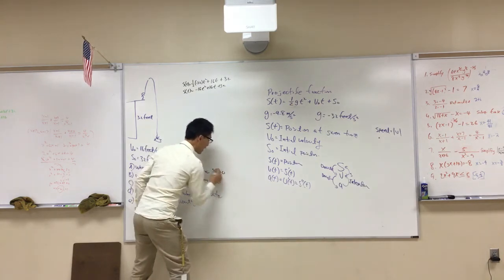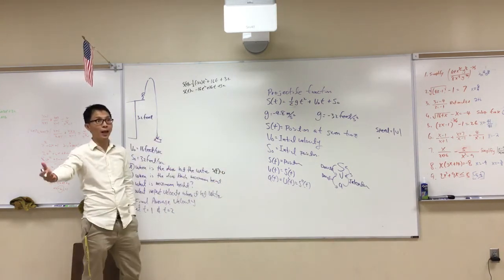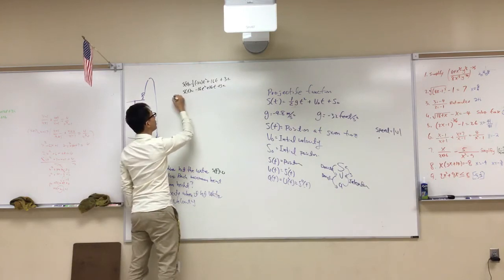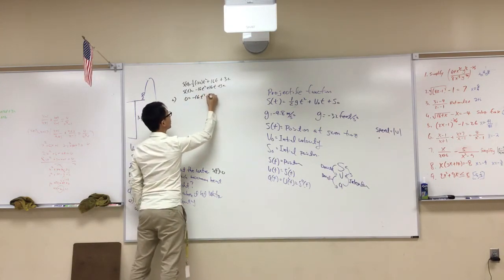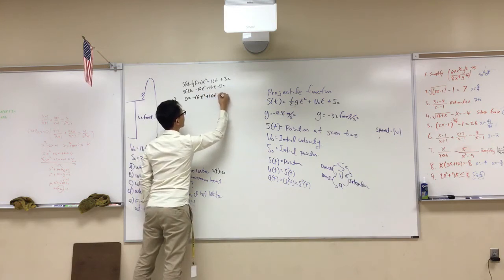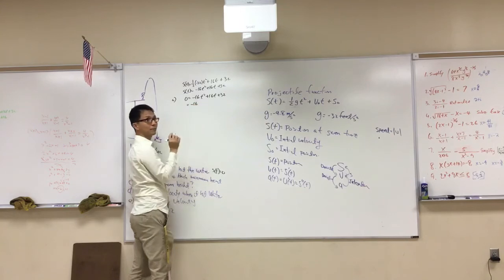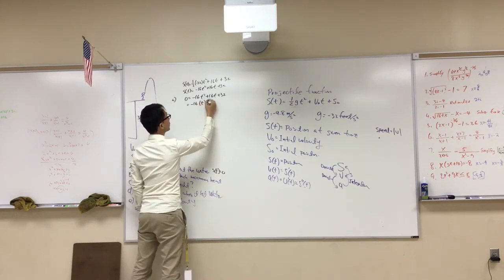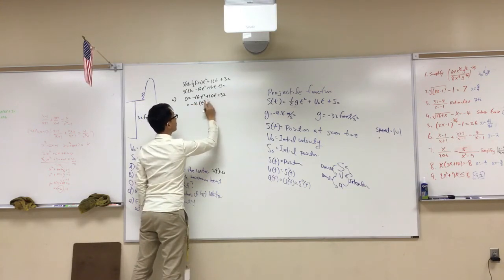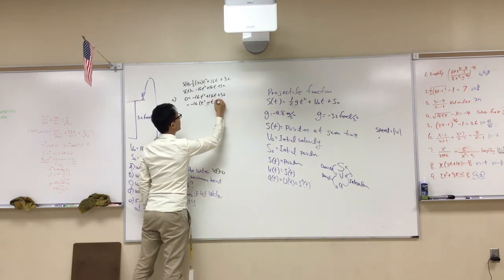Because s of t represents height at a given time, if we say that's 0, so we're going to say that 0 is equal to negative 16t squared plus 16t plus 32. And I can factor out negative 16. I'm going to get t squared minus t minus 2.